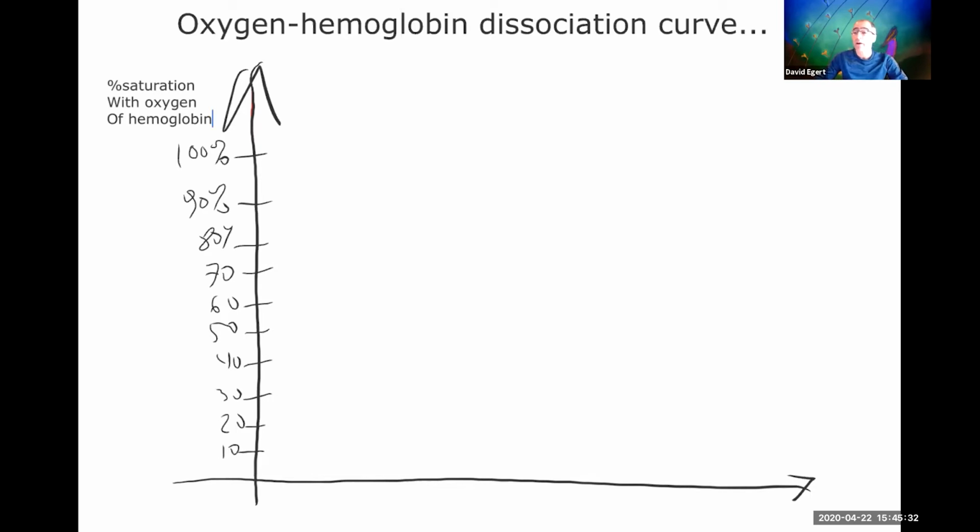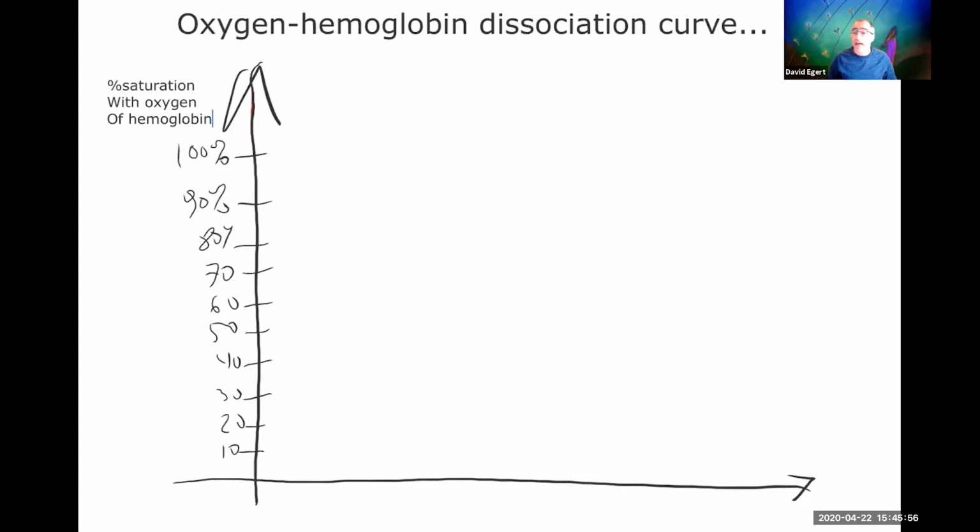We talked about how a hemoglobin molecule combines 4 oxygen molecules, and every red blood cell has 250 million hemoglobins. So if every hemoglobin is attached to its full complement of as much oxygen as possible, we would say that the blood is currently at 100% saturation.